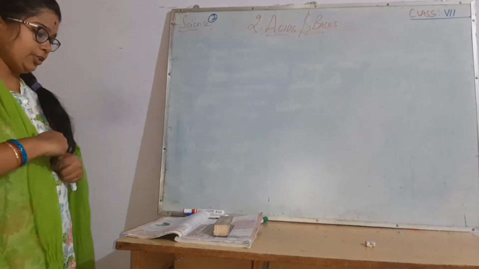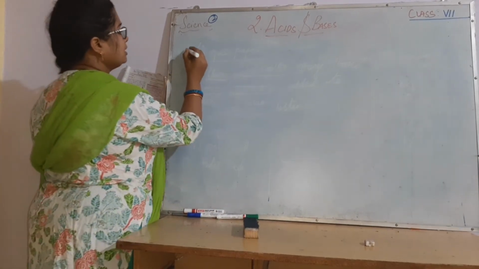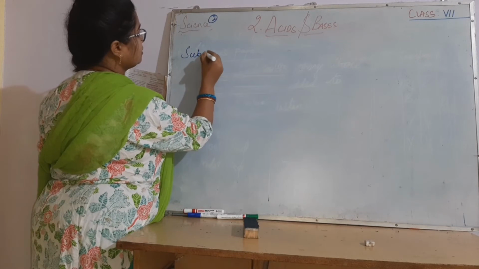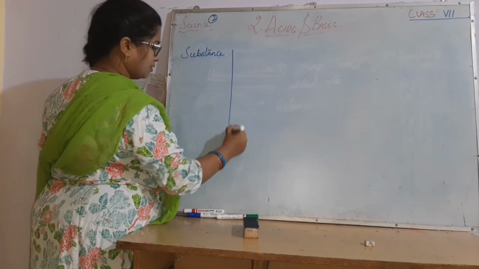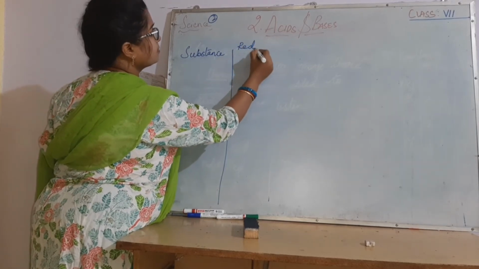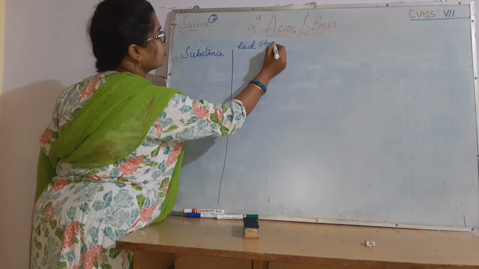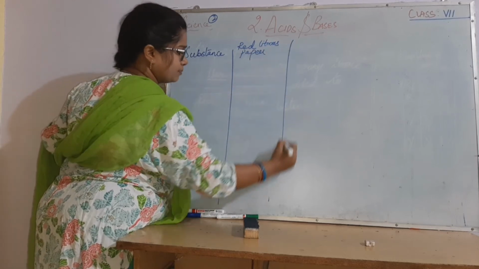Here are the 3 columns given to you in the table. First one is substance, then red litmus paper, and blue litmus paper.